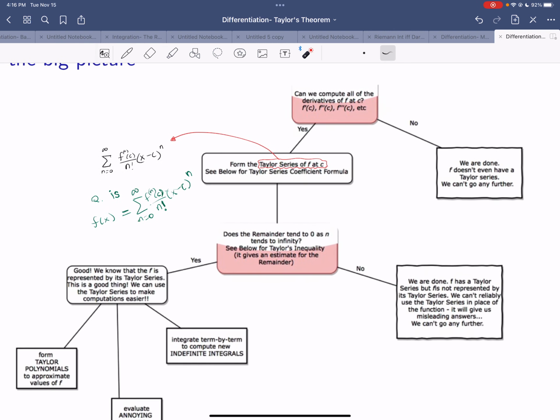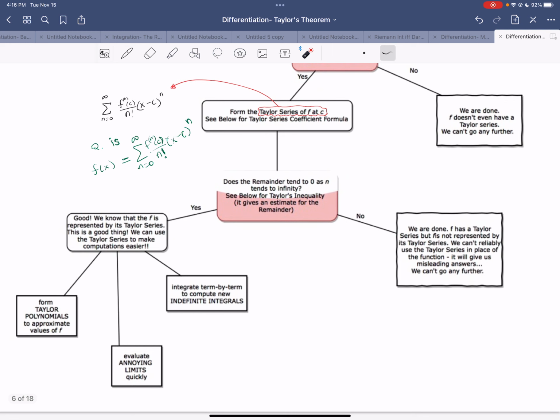You have your Taylor series for f, but the question is, does your Taylor series represent your function? That's asking whether the remainder tends to 0 as n goes to infinity. We have an inequality that gives you an estimate for the remainder. If you can show that this estimate goes to 0, then your remainder goes to 0, and therefore your Taylor series converges to your function f. So your Taylor series represents your function.